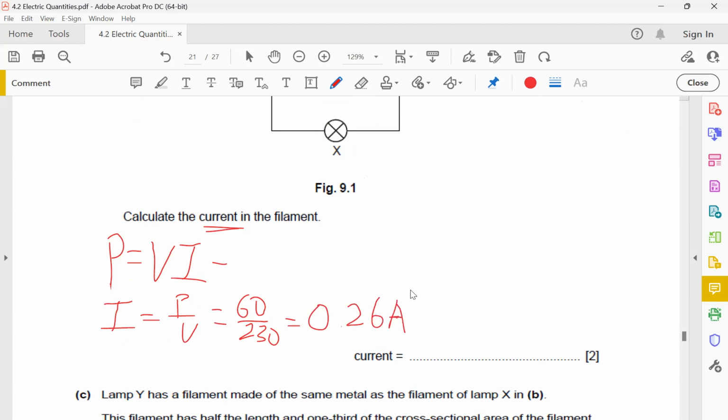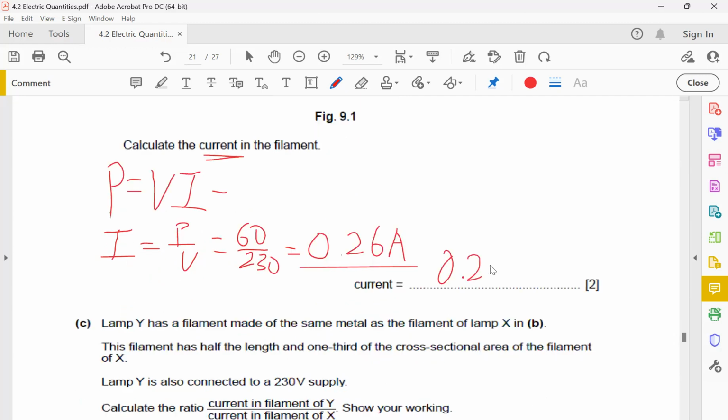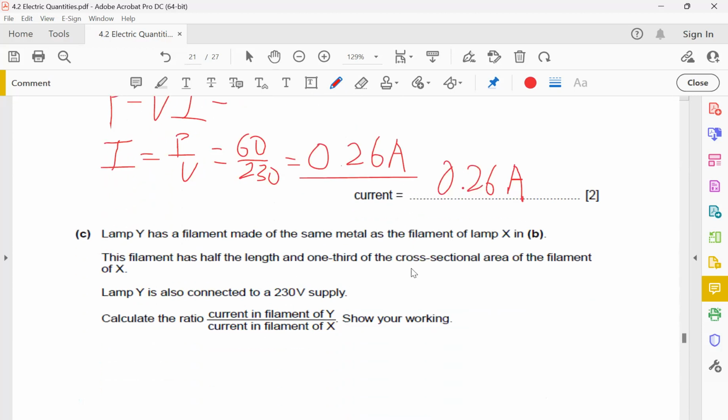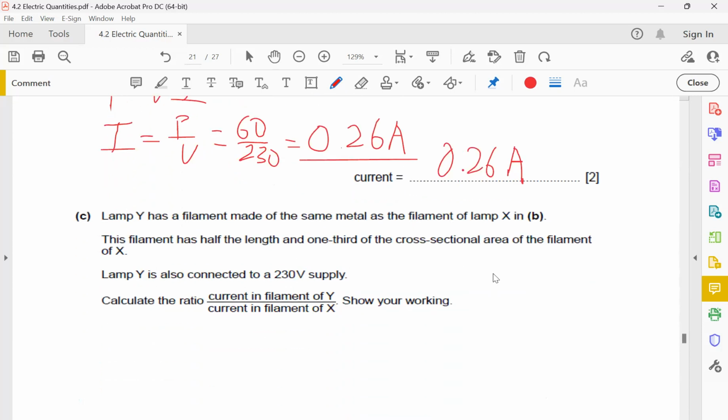Correct to 2 significant figures. But of course, you can press it into your own calculator and double check if this is correct or not, because I'm just looking at someone else's answers. You're supposed to get 0.23, or you can write up to 3 significant figures, guys. But always remember to write your units, because if you don't write your units, it is absolutely wrong.